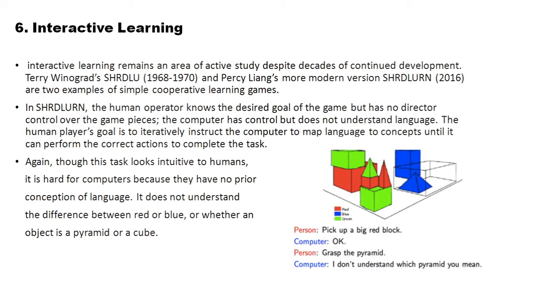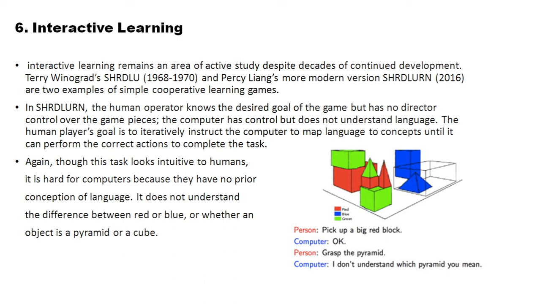And the last one is interactive learning. This learning remains an area of active study despite decades of continued development. Terry Winograd's SHRDLU and Percy Liang's more modern version are two examples of simple cooperative learning games.